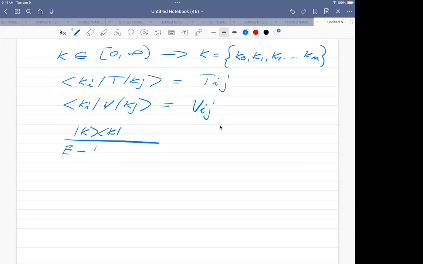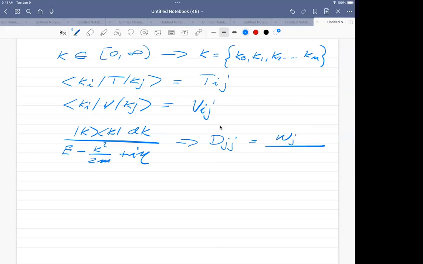minus this k squared divided by 2m plus i eta, multiplied with a dk. This is something which we are going to replace with a diagonal matrix, D_jj, which is going to contain some weights, w_j.